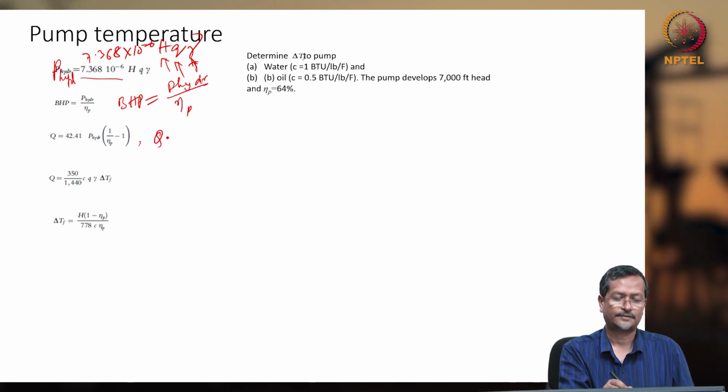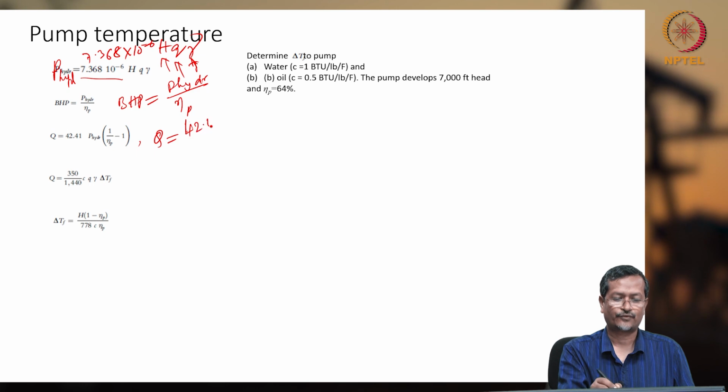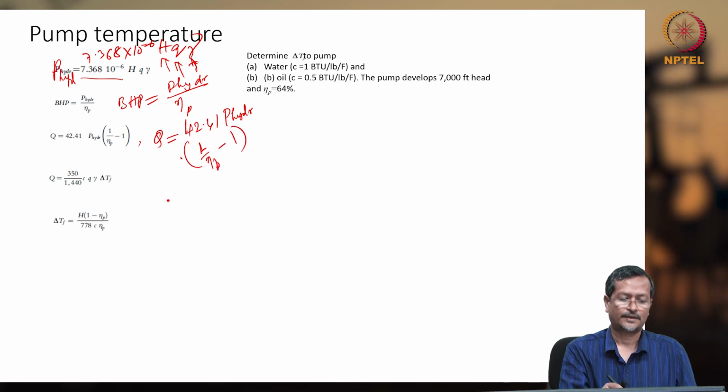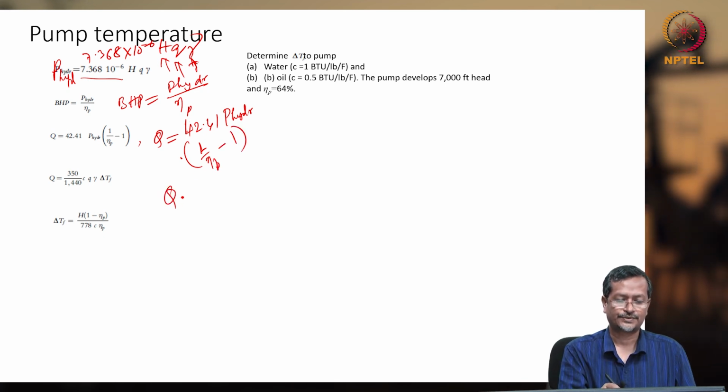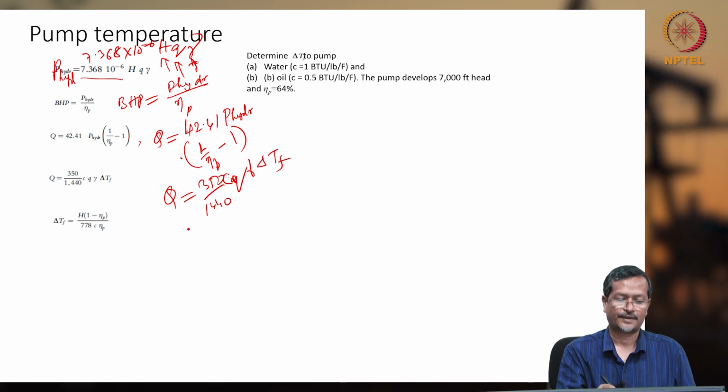Heat generation is 42.41 P hydro times (1 over eta P minus 1), and the temperature term is 3501440 C Q gamma del TF.